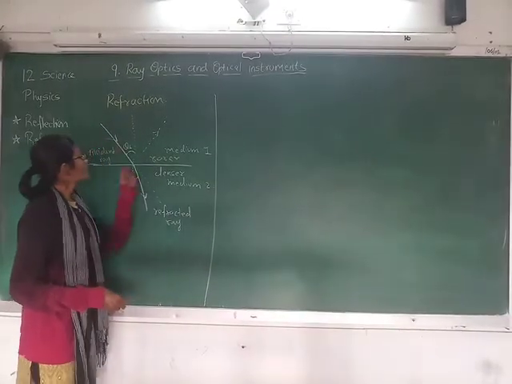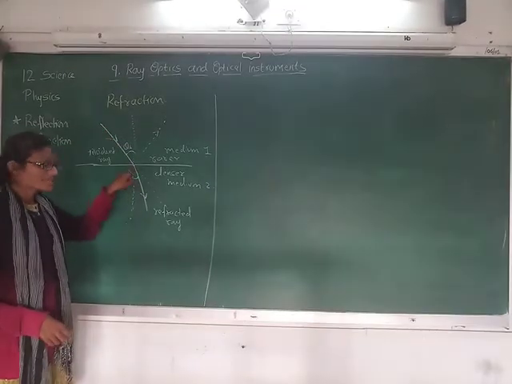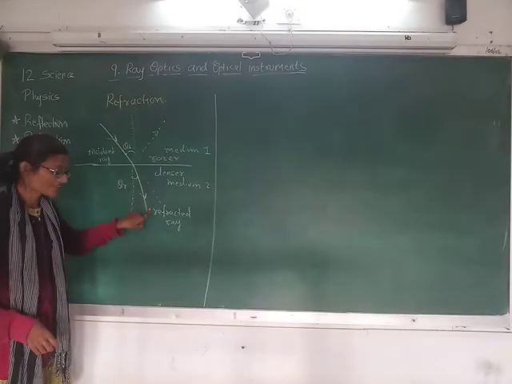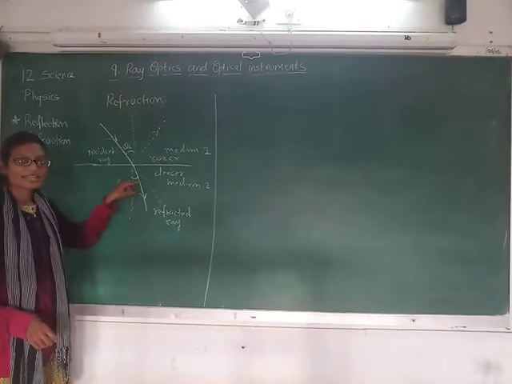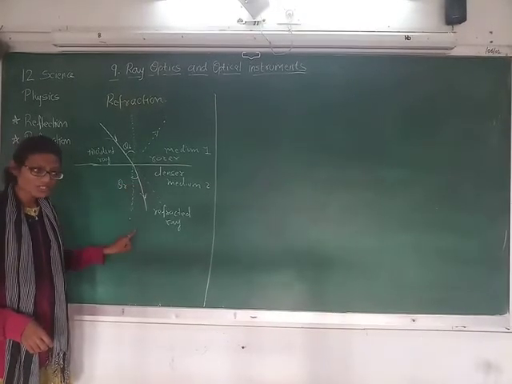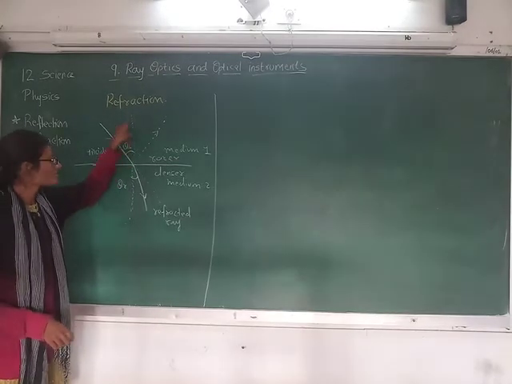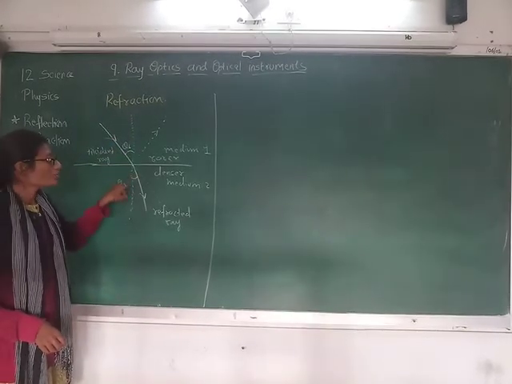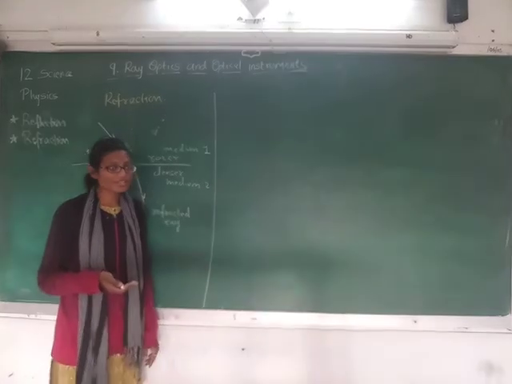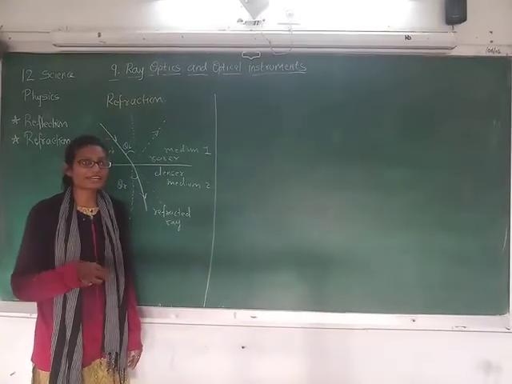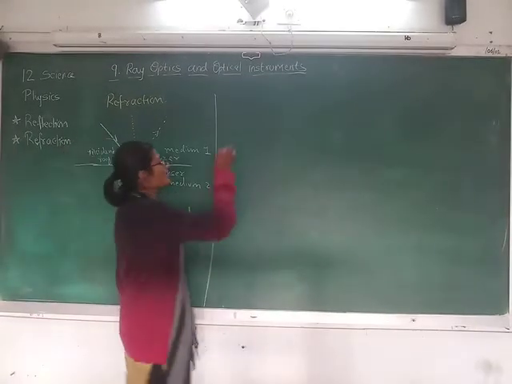Now, here there is the incident ray, here there is a refracted ray, right? It is making the angle theta r with respect to this normal. Here the incident ray is making angle theta I with respect to normal. Now, before seeing the law of refraction, let us see what is optically rarer medium and optically denser medium.